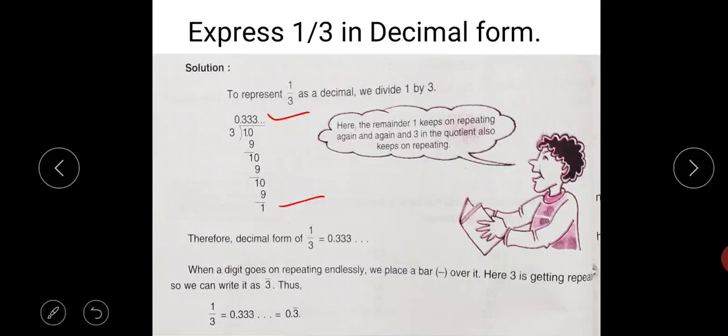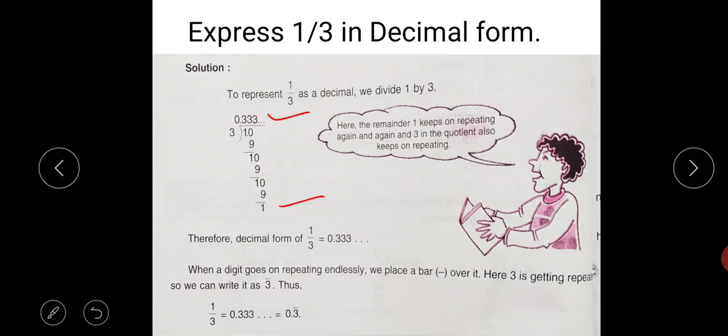So decimal form of 1/3 is 0.333 and so on. You can see 3 repeats itself. So this decimal expansion is non-terminating, means it does not end but repeats itself.